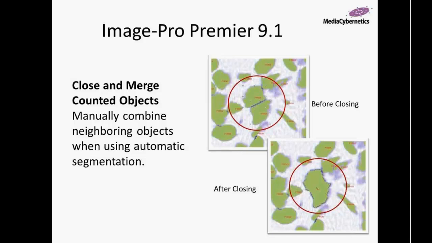All right, a couple of other features, wrapping this up here. We've also added where you can either split or merge segmented or counted objects. So in this case, here's just a simple example. This is available in the Measure tab, the Measure ribbon. If you have things that have been split incorrectly, or it splits most of it but there's a few that you need to join up, we can now run a close or a merge to join those objects.